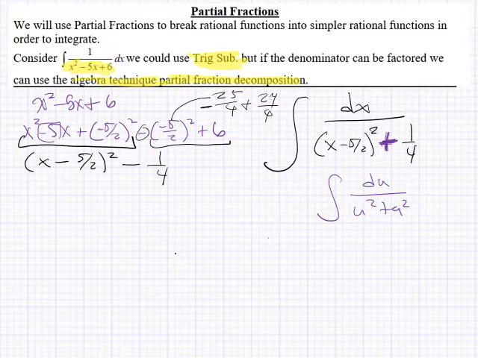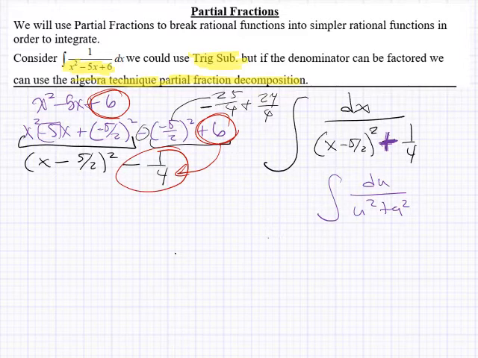This is something we talked about back in the inverse trig section: in order for completing the square to work out perfectly and turn into one of our inverse trig functions, it really hinged on this number right here, which affected this number here. In this case, it didn't work out nicely because that's not a plus, it's a minus.